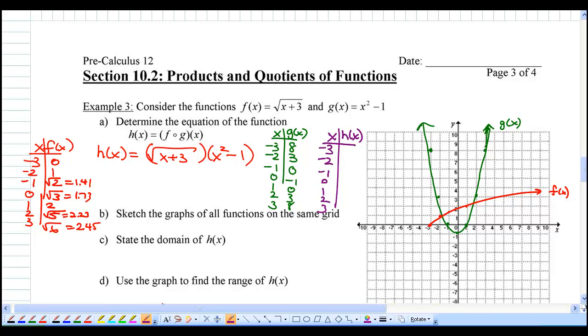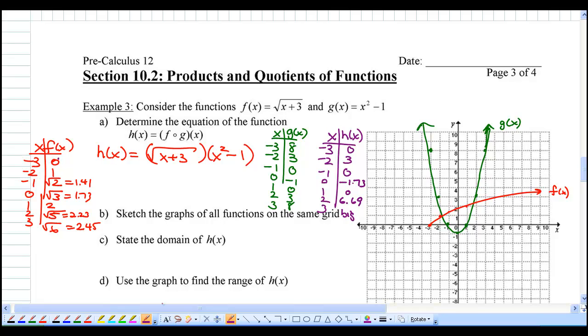And so let's multiply. 0 times 8, that's 0. 1 times 3, that's 3. 1.41 times 0, that's 0. 1.73 times negative 1 is negative 1.73. 2 times 0 is 0. 2.23 times 3 is about 6.69. 2.45 times 8, that's really big, so big.